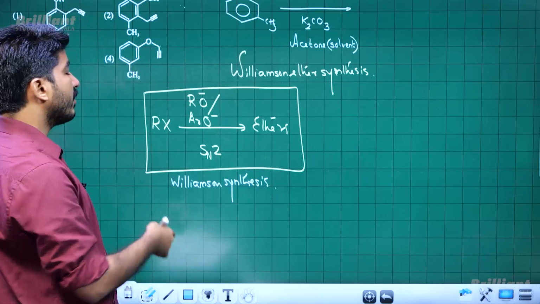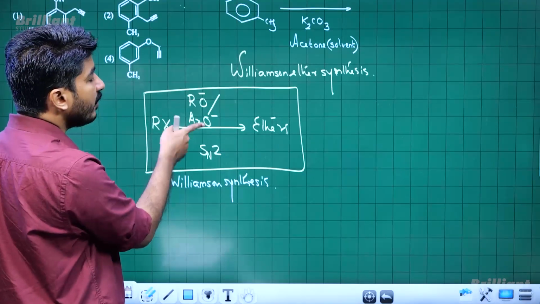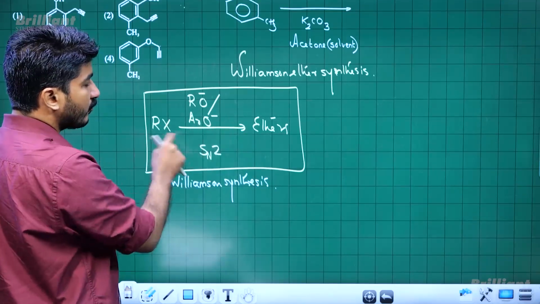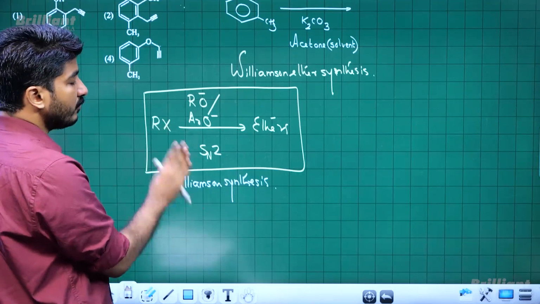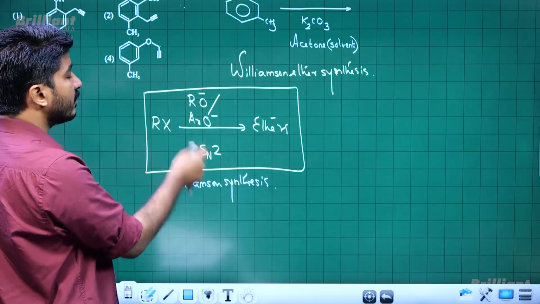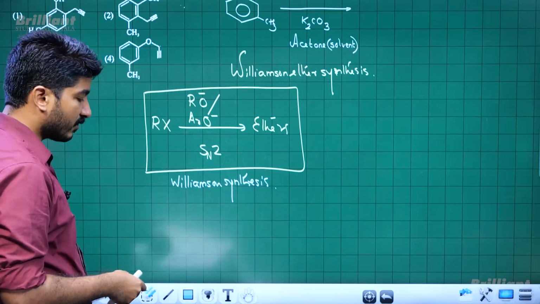Once again, the reaction of haloalkanes with alkoxides or phenoxides, if the reaction is SN2, then this reaction is called Williamson synthesis.